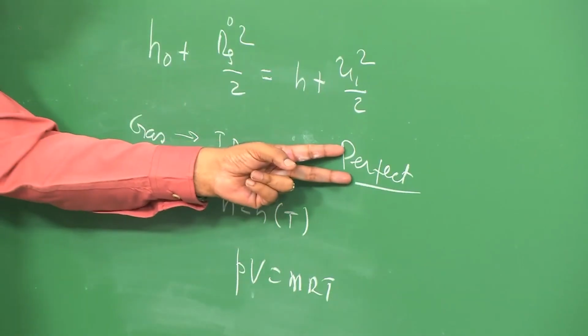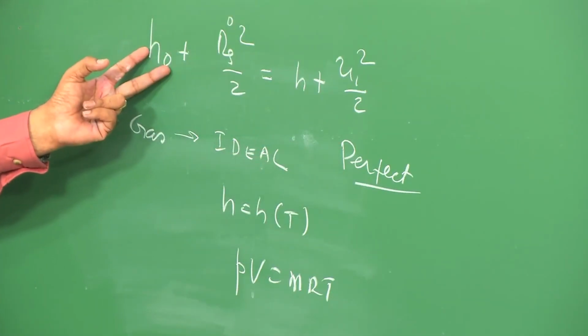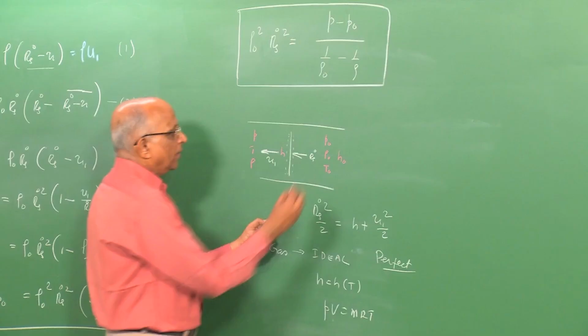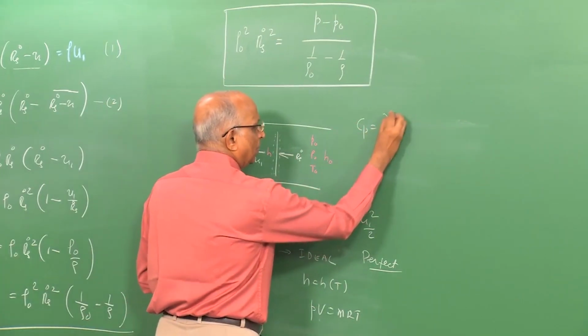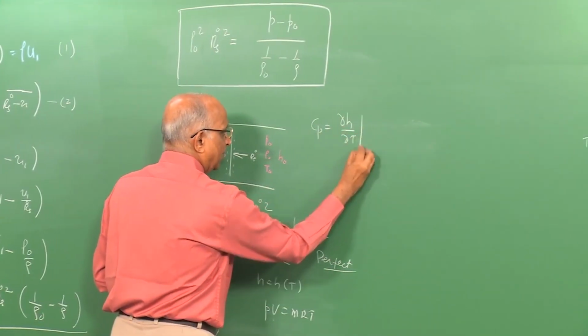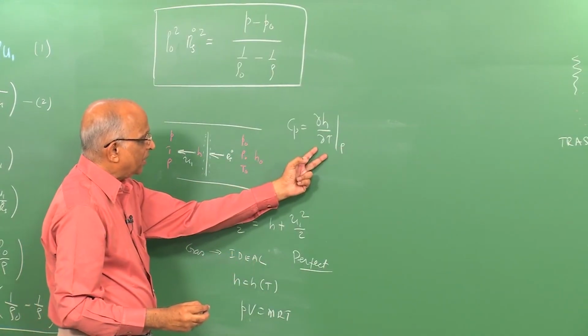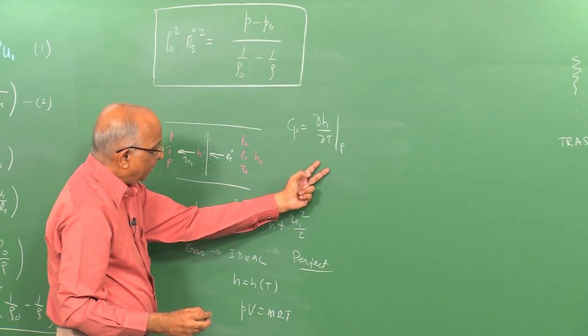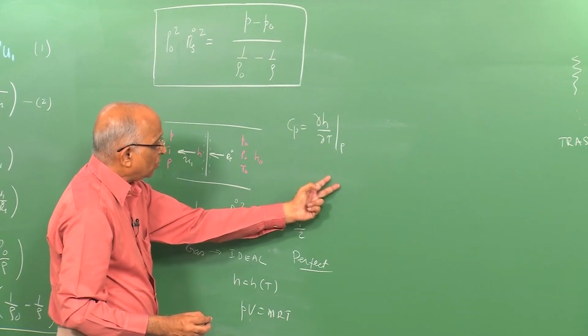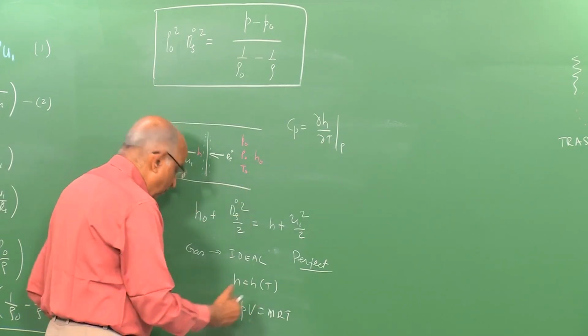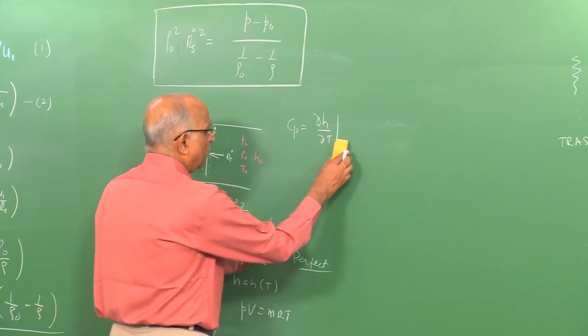For a perfect gas, Cp, the specific heat at constant pressure, is equal to del H by del T at constant pressure, and Cv is equal to del U, that is the internal energy, by del T at constant volume, or we do not even need to do this, because H is only a function of temperature.